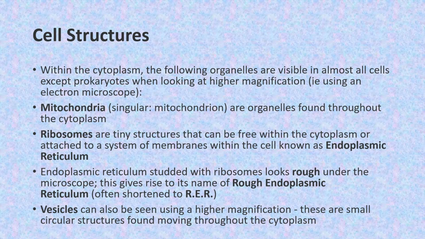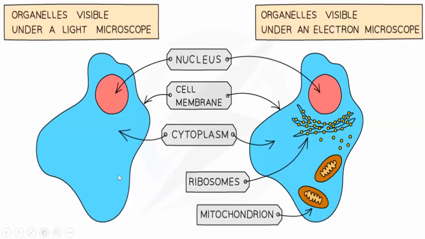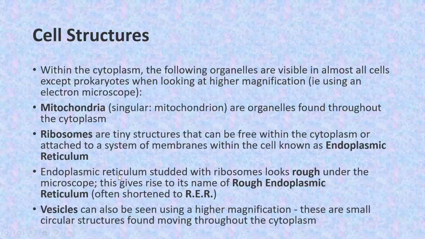Vesicles can also be seen using a higher magnification. These are small circular structures found moving throughout the cytoplasm. These are vesicles, but I want to talk about what is called the vacuole.